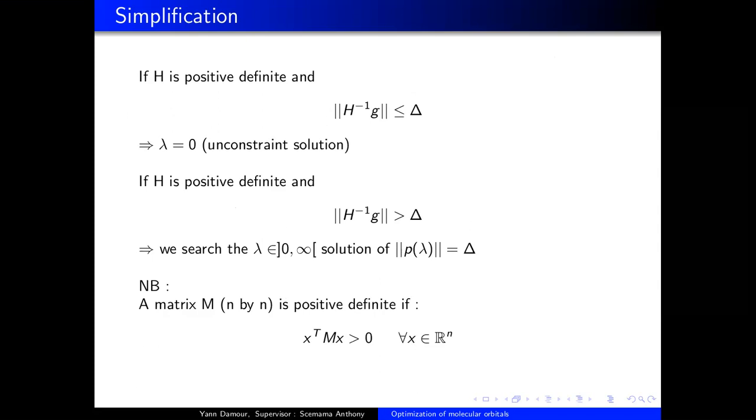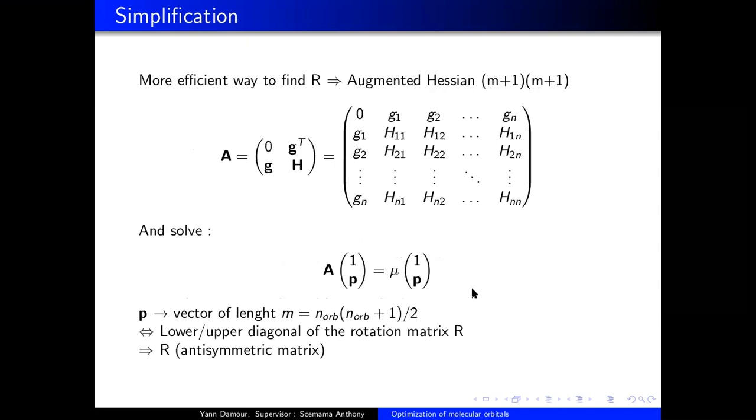If the Hessian is positive definite, but the inverse of the Hessian multiplied by the gradient is superior to delta, we have to search for the Lagrange multiplier between 0 and infinity, which is the solution of the norm of P(lambda) equal to delta. A more efficient way is to build the augmented Hessian.